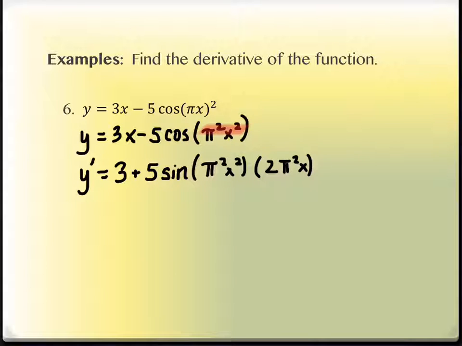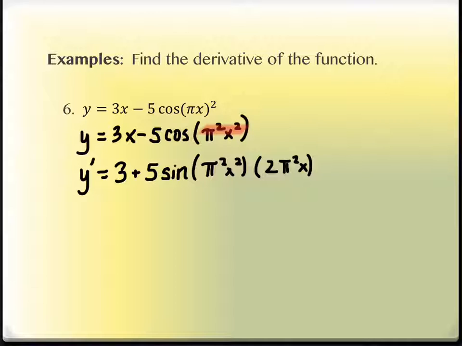Okay, so let's talk about why. Pi squared is a number. And x is a variable. Pi squared's a number, just like the 5 at the beginning of the sine to cosine, right? Pi squared will not change because it's a constant multiplier. So pi squared stays pi squared. If you had a square root of 7 there, it would stay square root of 7, right?